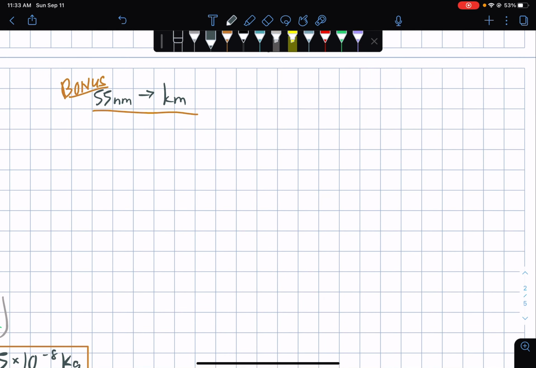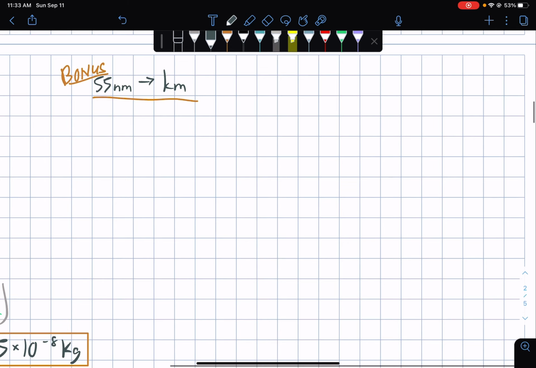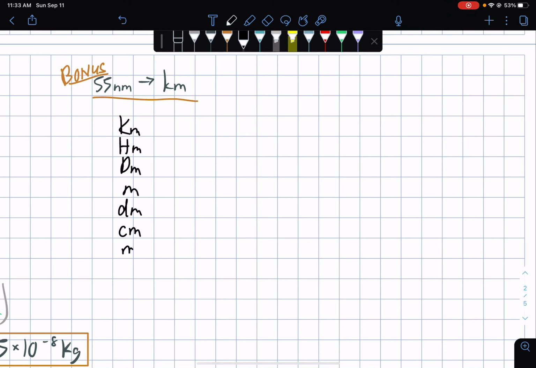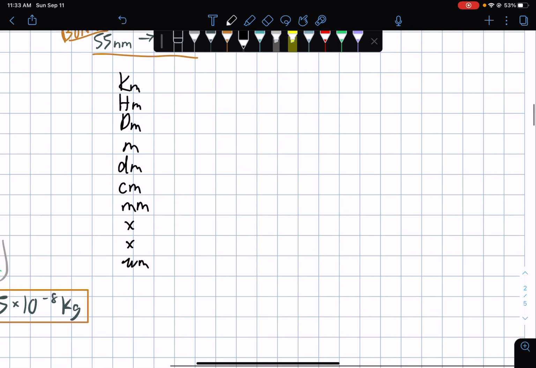So for bonus, 55 nanometers to kilometers. All right, let's start. Kilometer, hectometer, decameter, meter, decimeter, centimeter, millimeter, then two values, and we get micrometer, not nanometer.